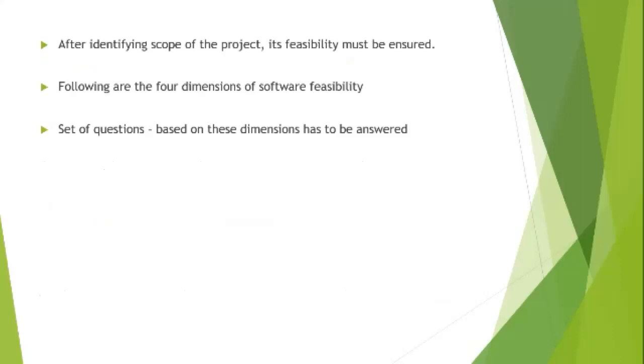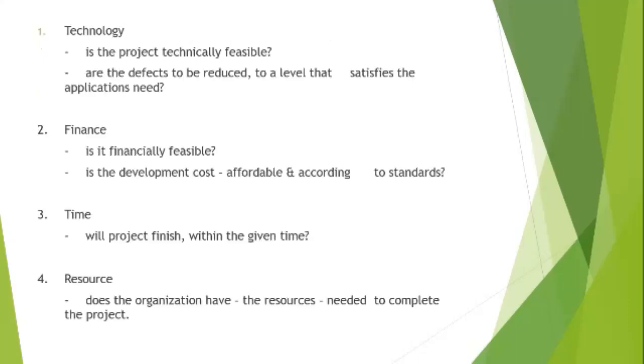After identifying the scope of the project, its feasibility must be ensured. Following are the 4 dimensions of software feasibility. A set of questions based on these dimensions has to be answered. First one is technology. Is the project technically feasible? Are the defects to be reduced to a level that satisfies the application need?